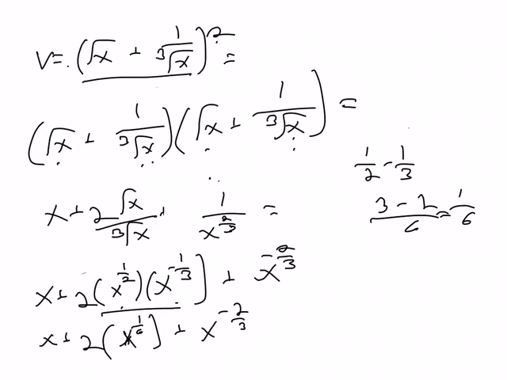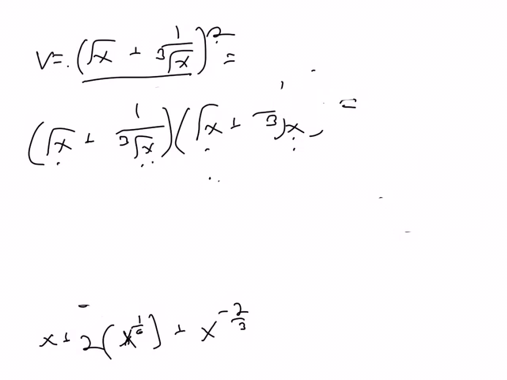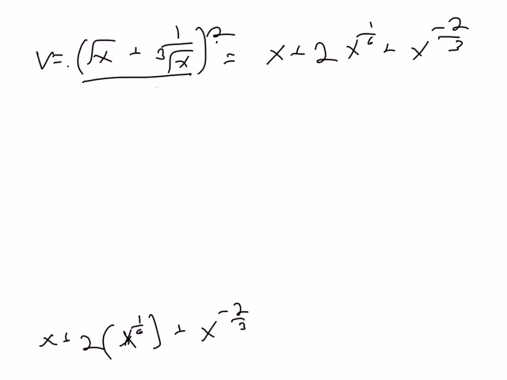Okay, so that's what we get. Let's just erase some stuff, and now that we know what we're writing, this becomes x plus 2 times x to the 1 over 6 plus x to the negative 2 over 3. And now everything follows smoothly.